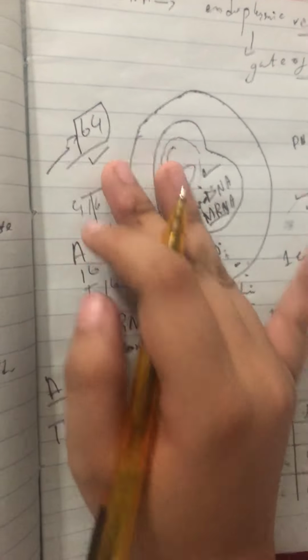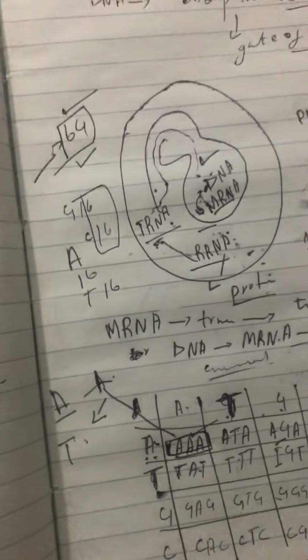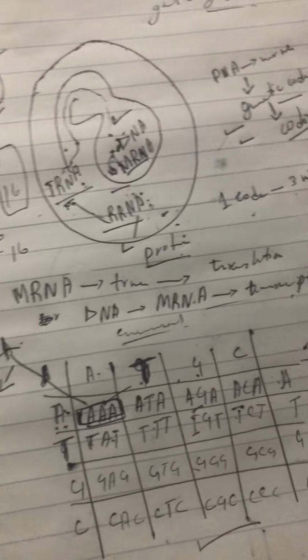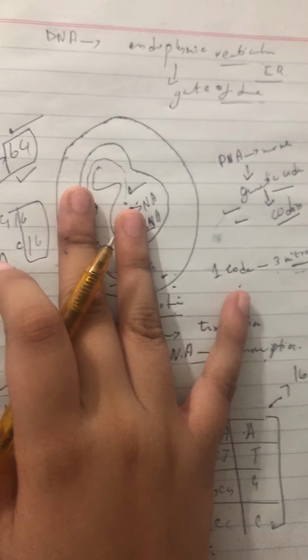DNA has a total of 64 codes, but the information will be uncountable, though the codes will be 64 in total. As I've discussed, the three nitrogenous bases have three nucleotides, right? So that was the nucleotide.